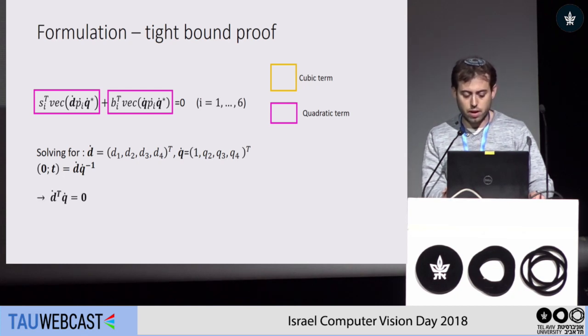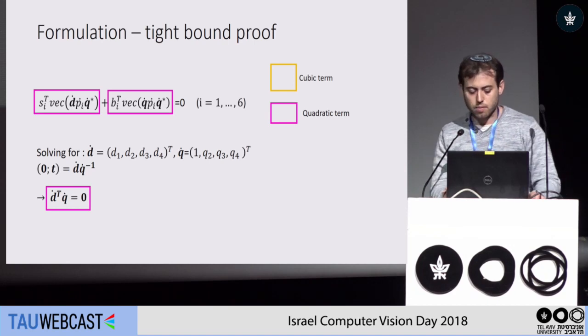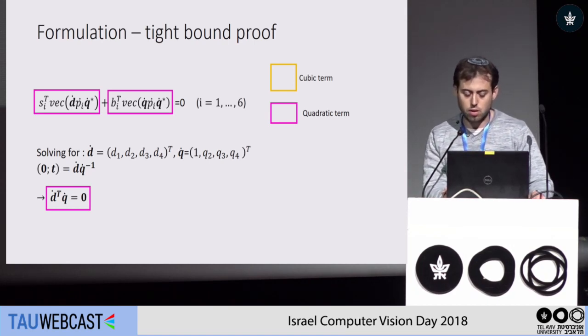However, we should verify that the scalar term of the quaternion T remains 0. So as a result, we get our 7 constraints, and in total, we have 7 equations in 7 unknowns, 4 entries of D and 3 entries of Q.